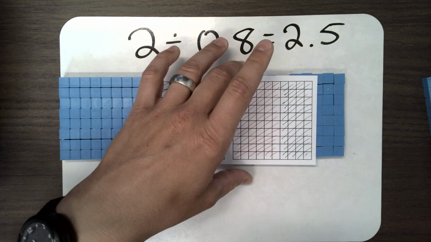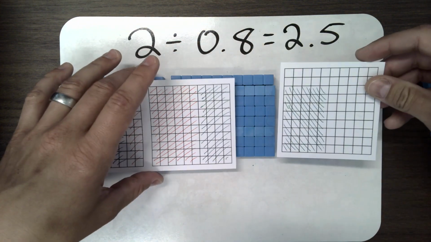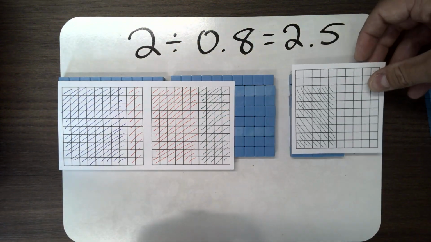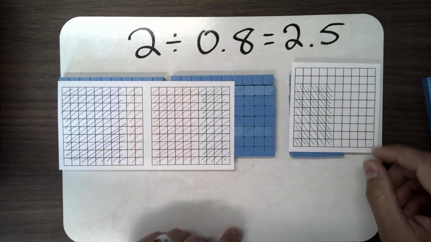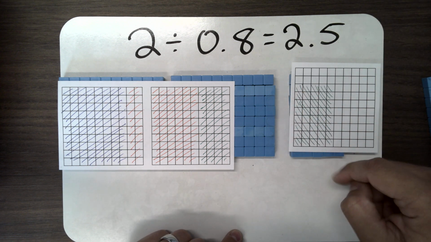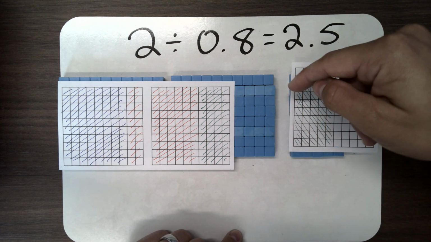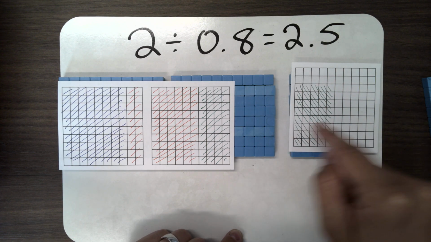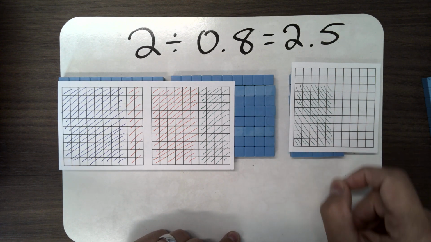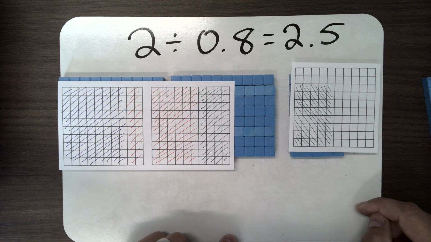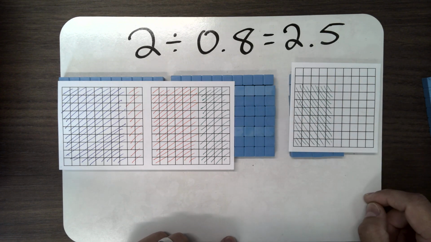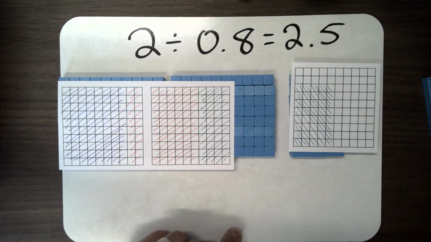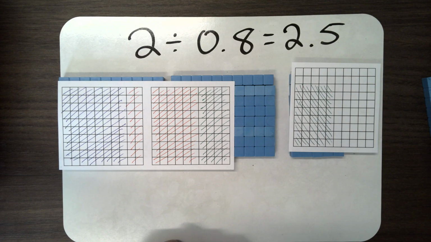So we can use a separate grid to reorganize these to figure out, if this has a height of 8 tenths, how much of a group of 8 tenths do I have? Instead of having full strips, I have 5 tenths of that strip. So this portion represents 5 tenths of a group with a size of 8 tenths. And then our abstract model will obviously be our equation at the top of the board there.